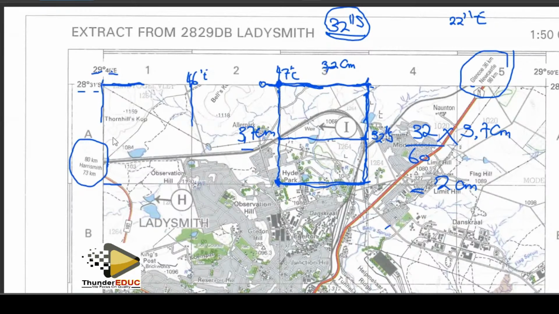So you simply say 22 seconds out of 60 seconds times the distance between the two, which is 3.2 centimeters. 22 of 60 times 3.2, you get something like 1.2 centimeters approximately.